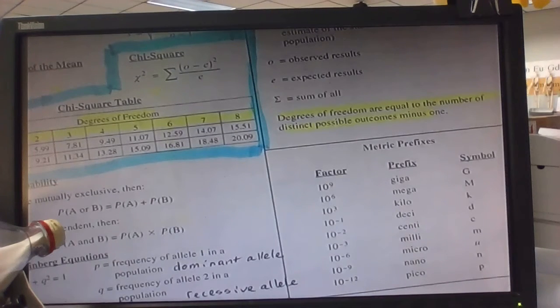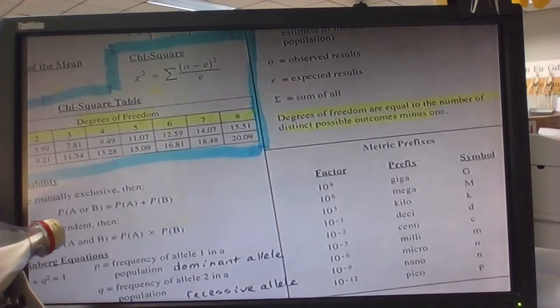Dice roll. How many degrees of freedom? Why are there 5 degrees of freedom? I have 6 possible outcomes that I could roll. So the number of possible outcomes minus 1. Does that not make sense?